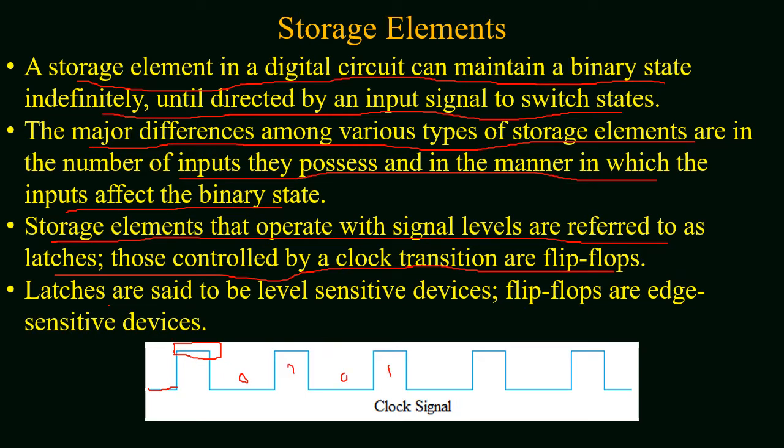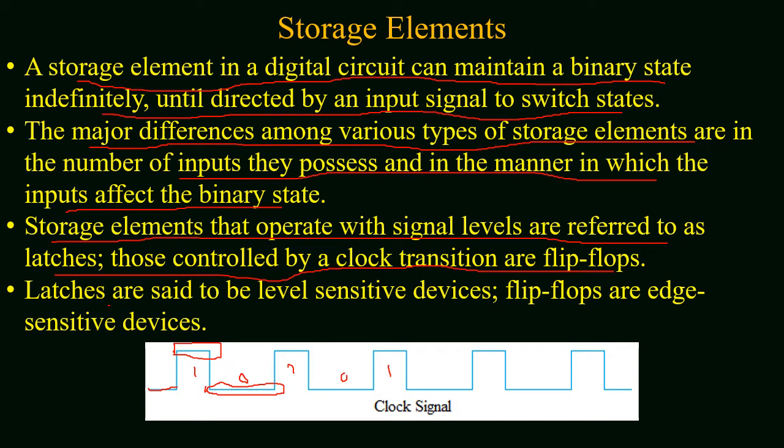If you look at the figure, this represents a common clock signal, which is actually a square wave. This can be broadly divided into two categories. First one is level and second one is edges. The levels of the clock signal can be a constant level of logic 0 or of logic 1, whereas the edges can be a rising edge and a falling edge.